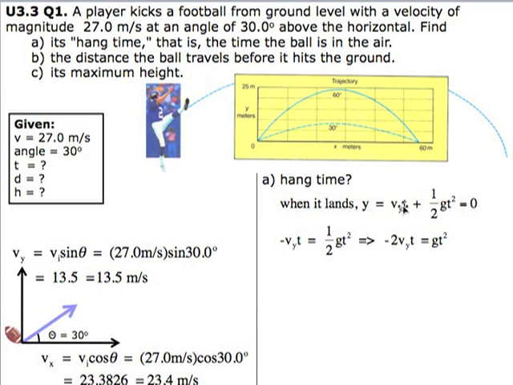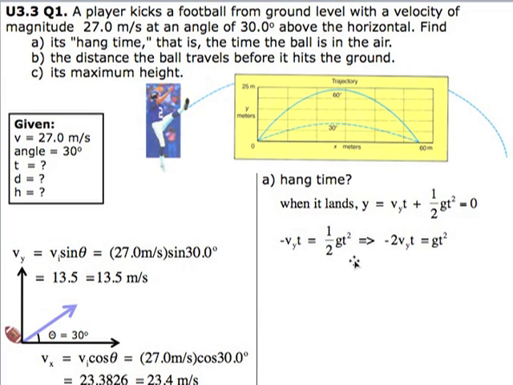So we're going to rearrange the equation. We bring the Vy t over to the other side of the equal sign, and we get negative Vy t equals a half g t squared.